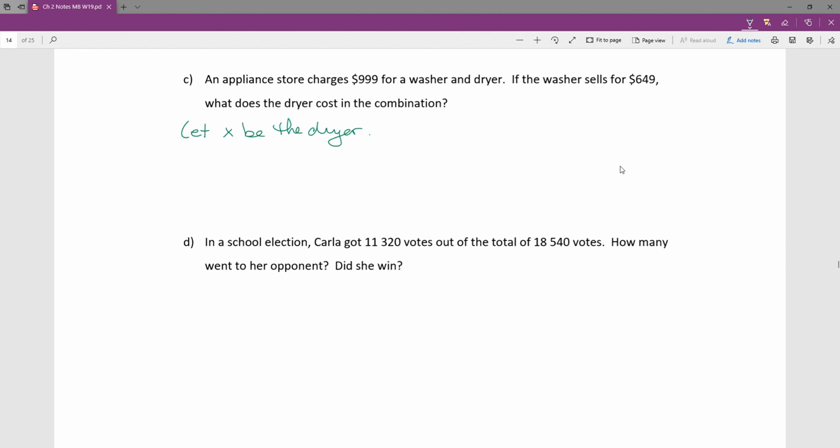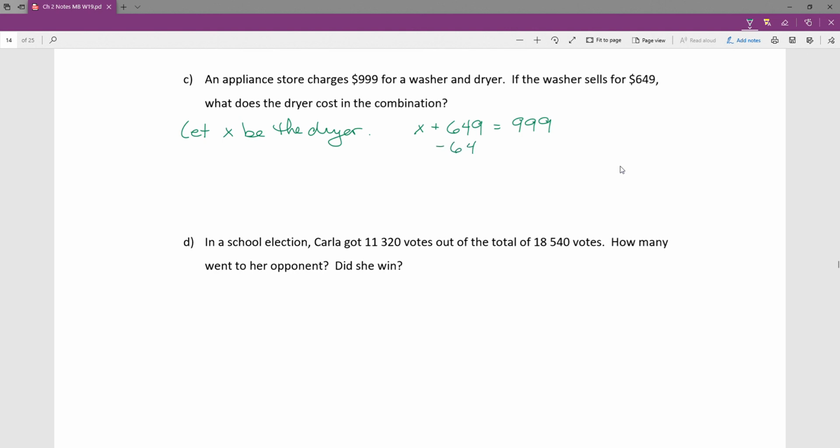If I were to translate this into an equation, and this might be more of a challenge to do because you could just do it intuitively, we would have the cost of the dryer and the cost of the washer equaling the total cost of the package. And you might get to the answer another way, and if so, write down your equation, whatever that equation is.